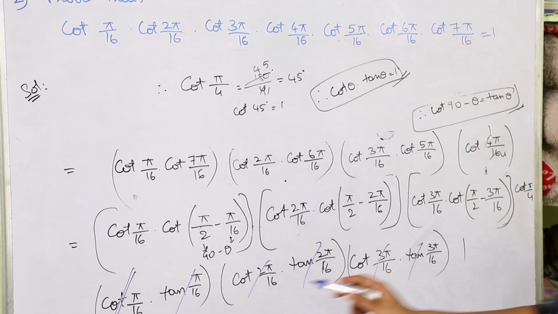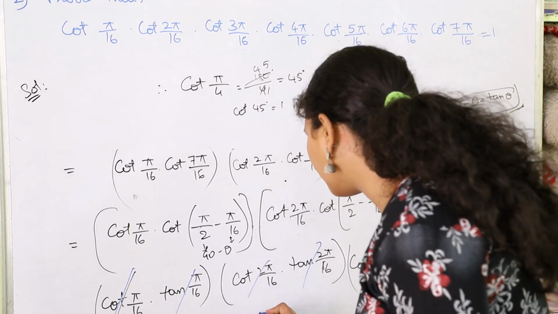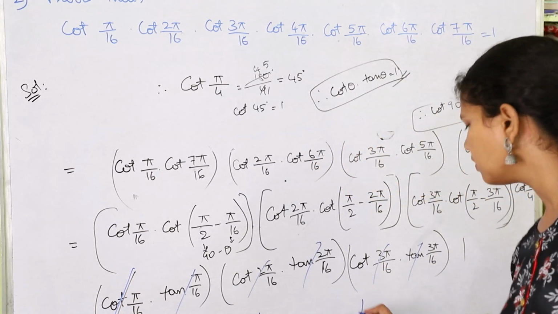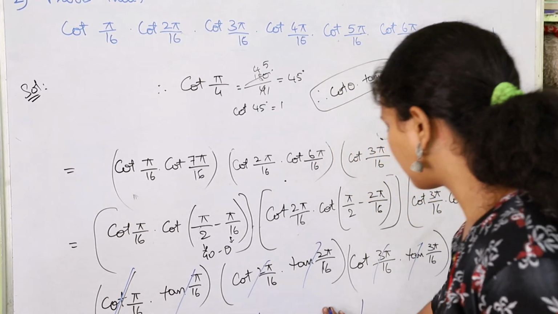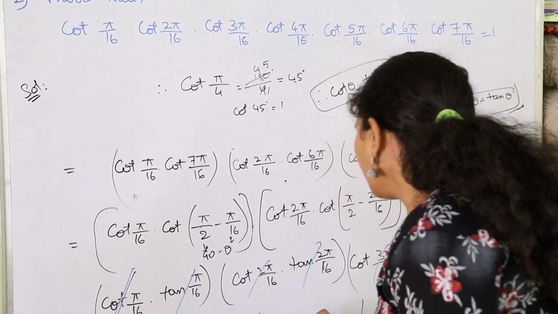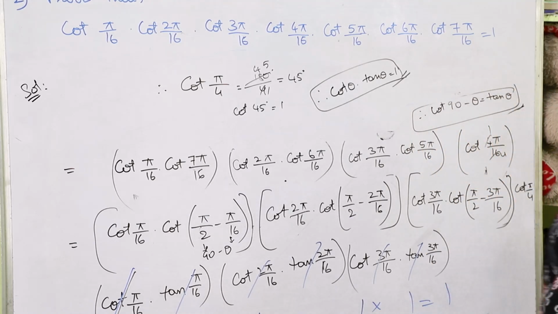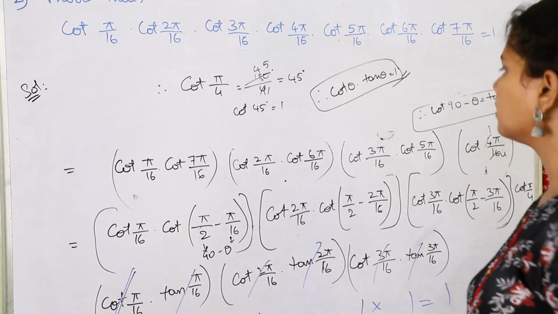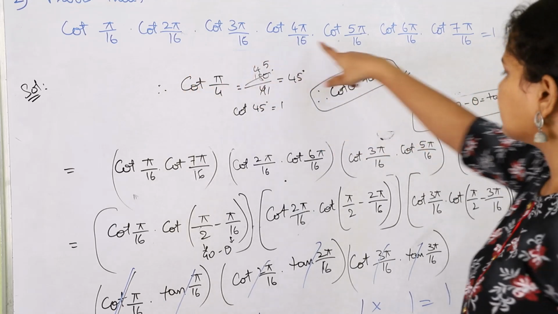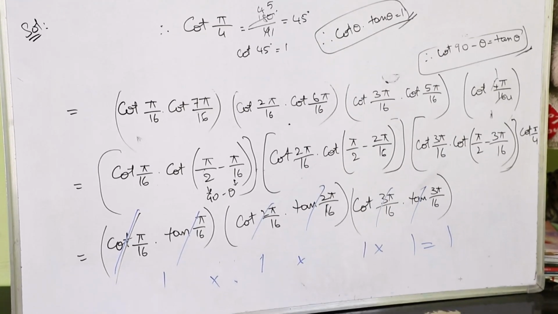Here you have 1 from this side, so 1 into 1 into 1. Any number multiplied with 1 is always the number itself. So the entire sum at last gives 1 into 1 into 1 into 1, which is 1. Clear?